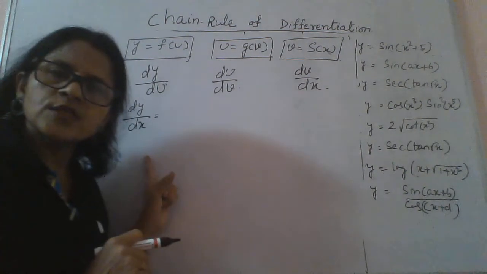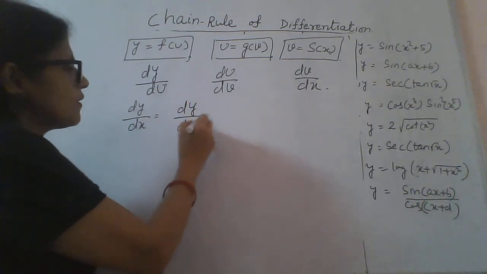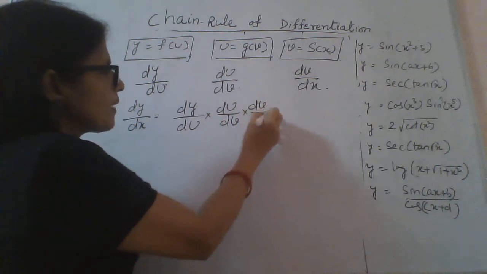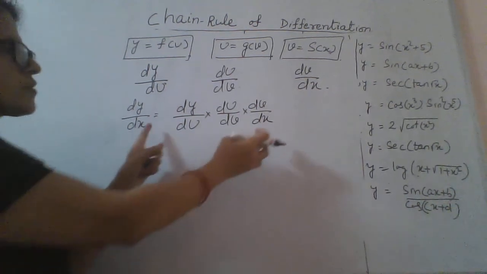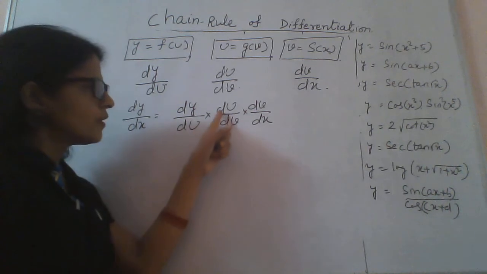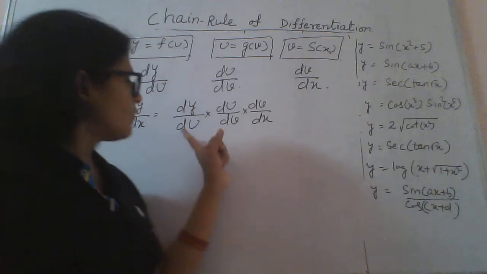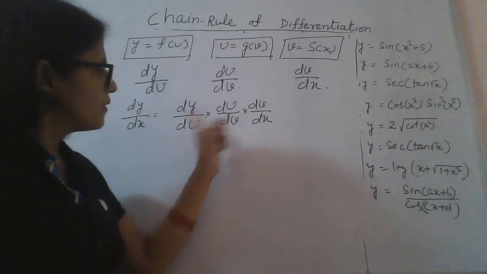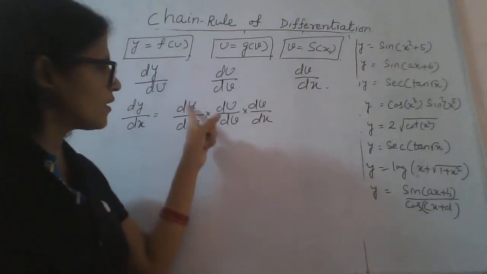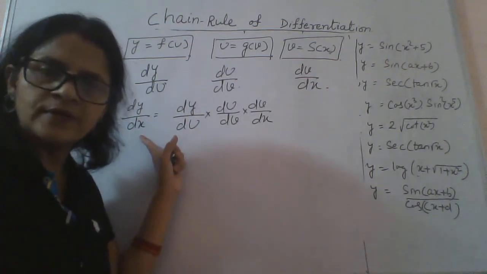But my question is dy by dx. So if I write here dy by du into du by dv into dv by dx. Now if you look at the right hand side, you have dy by du into du by dv into dv by dx, right? Now as per the multiplication rule, du and dv can be cancelled, so we are left with dy by dx, which is what we need.